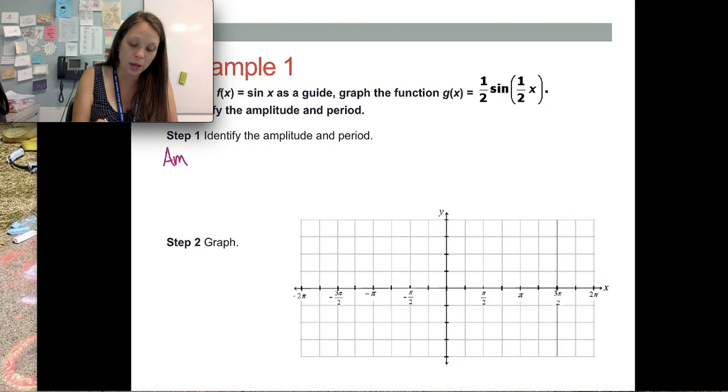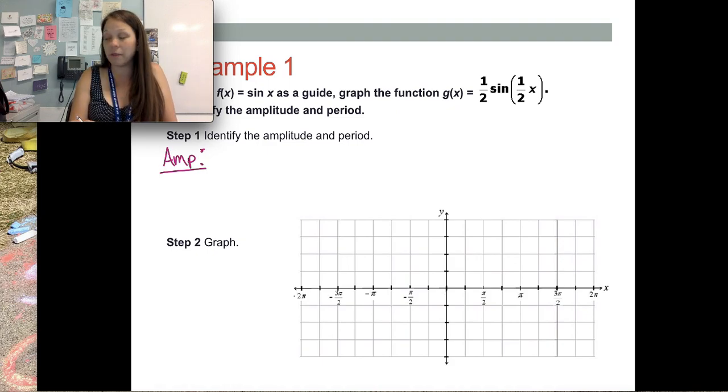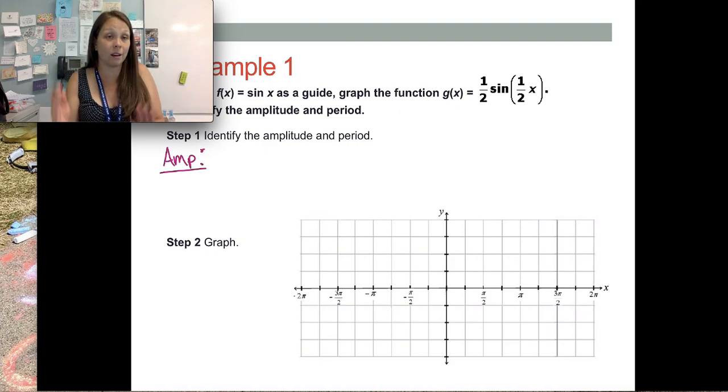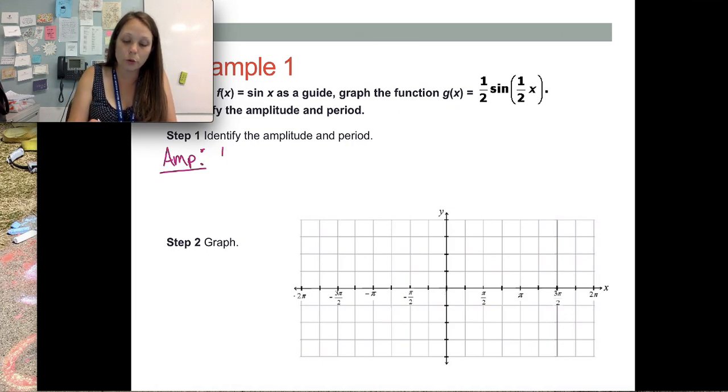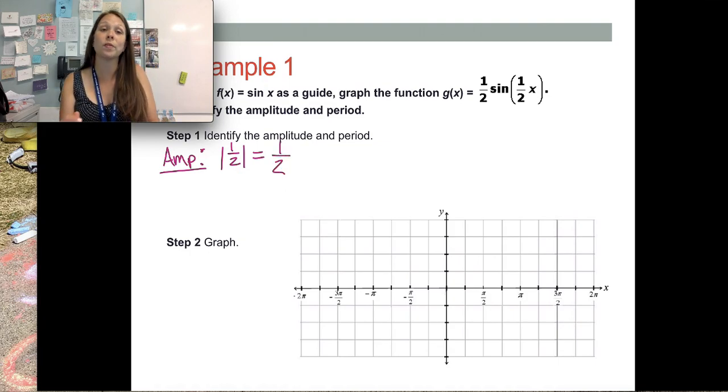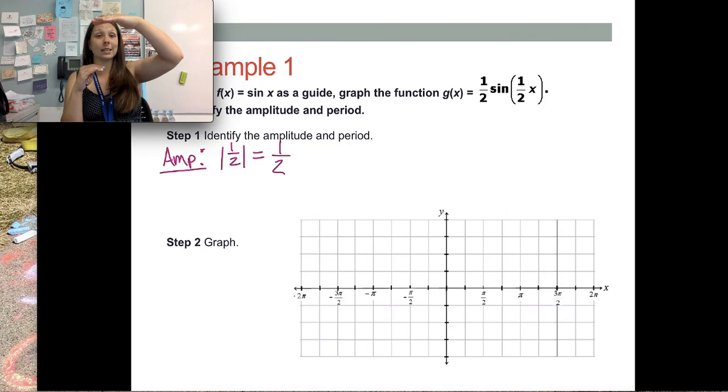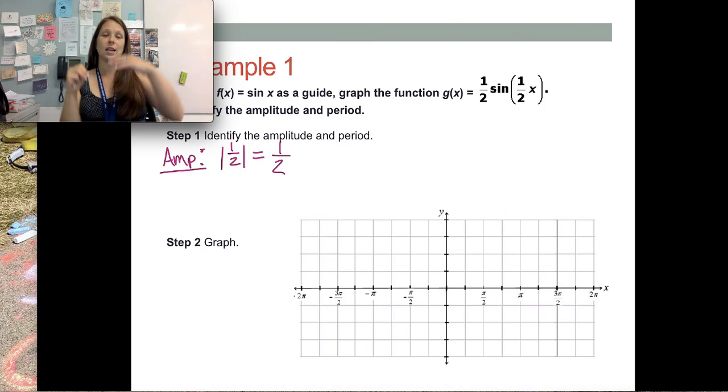The amplitude, as shown to us on the last slide, is always equal to the absolute value of a, which is what's being multiplied in front of the trig function. So for us, it's what's being multiplied in front of sine, so 1/2. So our amplitude is 1/2. What that means is that our graph is going to have a height from the x-axis, from that line of center that divides it in half, of 1/2 of whatever it originally was.